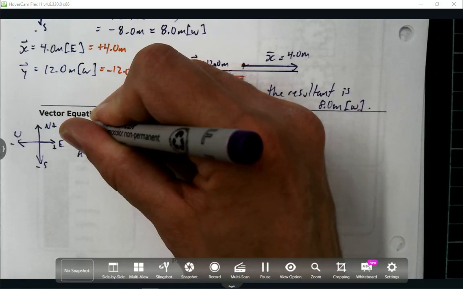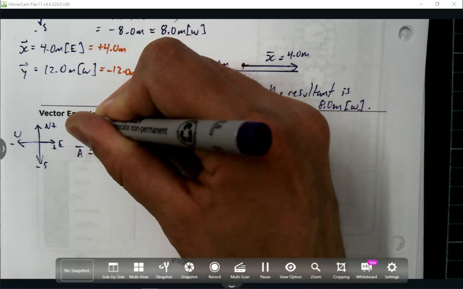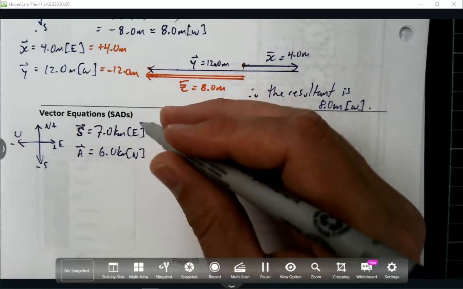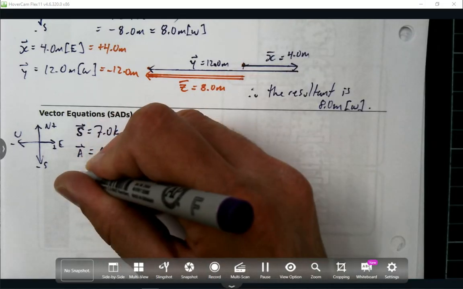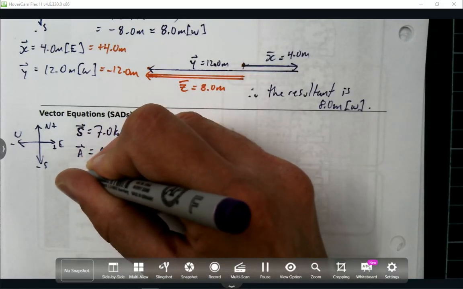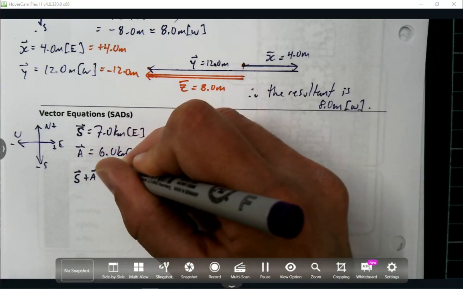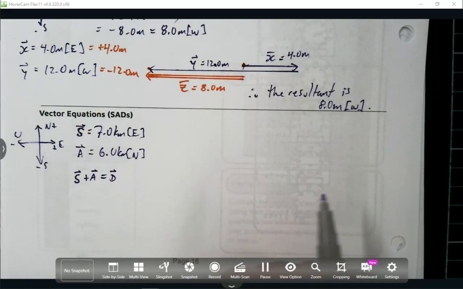That's an S. The vector hat over top of it. 7.0 kilometers, 6.0 kilometers. And there's going to be people that say, oh, well, the vector equation must be S plus A equals D. Let's add those up. It's 13, no problem.